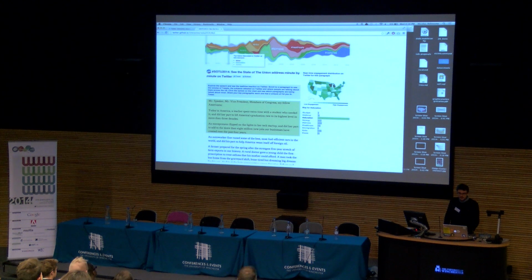And so what you can see at the top is a stream graph of minute-by-minute conversations on Twitter during the address. These are only tweets that have been mentioning the State of the Union, right?